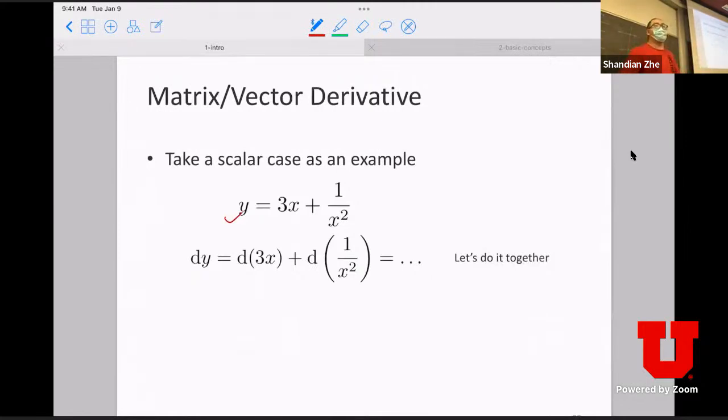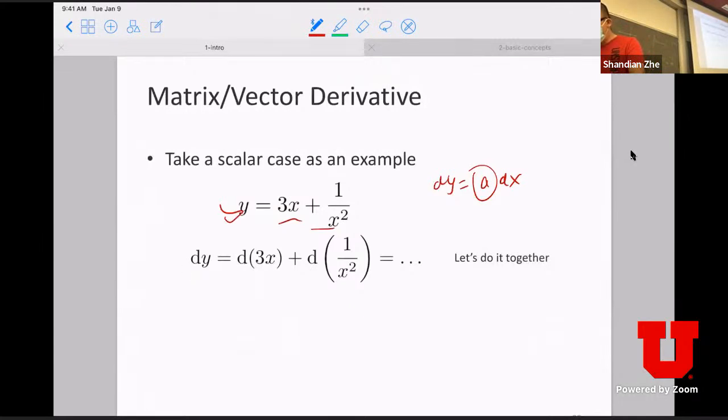Basically you decompose your function into different components and apply the derivative rules, recursively or in a nested way, until you get to an expression like dy equals a dx. Then you've got the derivative, right? We use this simple example to showcase how we do that. I believe everyone is familiar with that.